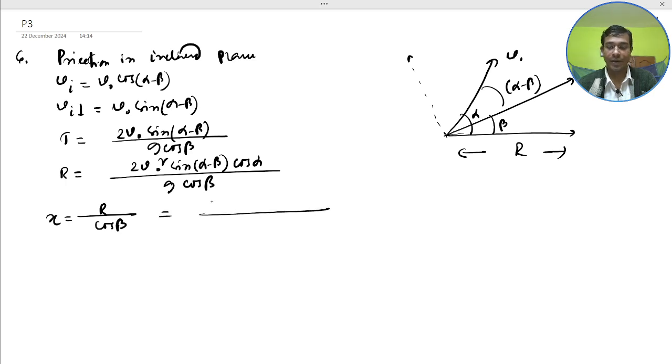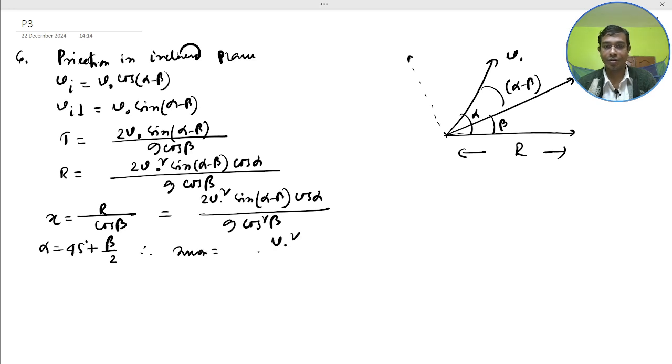Just put this value here, 2 V naught square sin alpha minus beta cos alpha by g cos beta into cos beta, cos square beta, and x will be maximum at alpha equal to 45 degree plus beta by 2. This is the important maximum case, x max is V naught square divided by g into 1 plus sin beta.